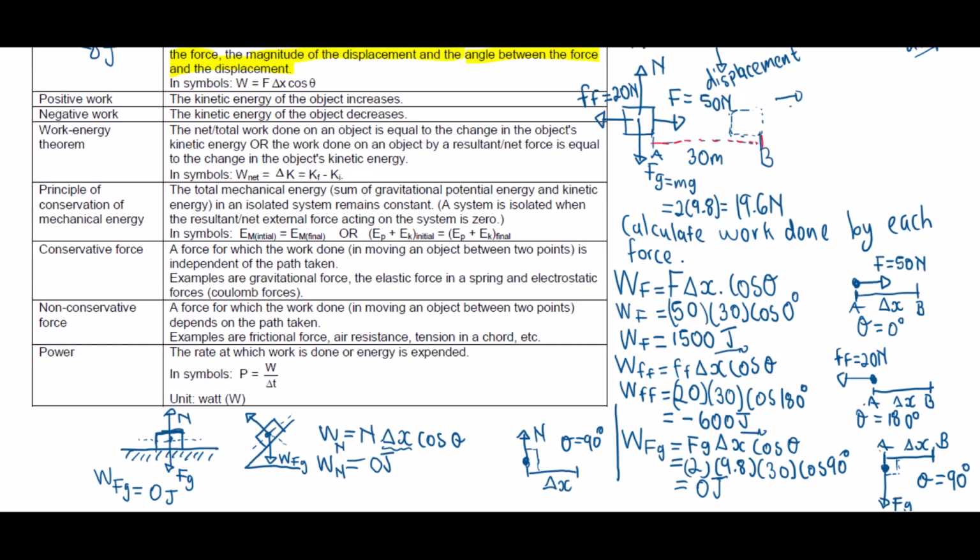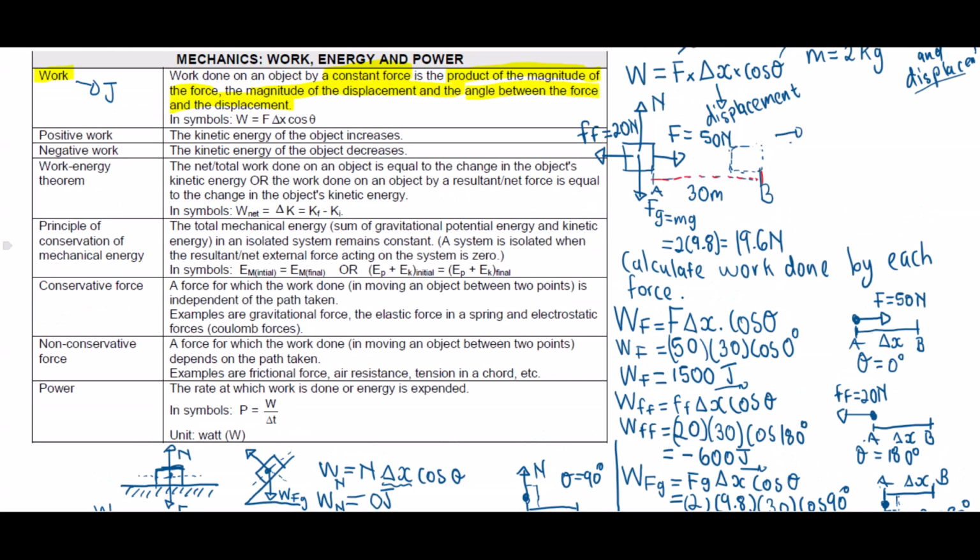So people, we are moving on. We looked at the work that was done to the object by different forces, right? The first force that we looked at the work done for was the force F, and then the other one was the frictional force.